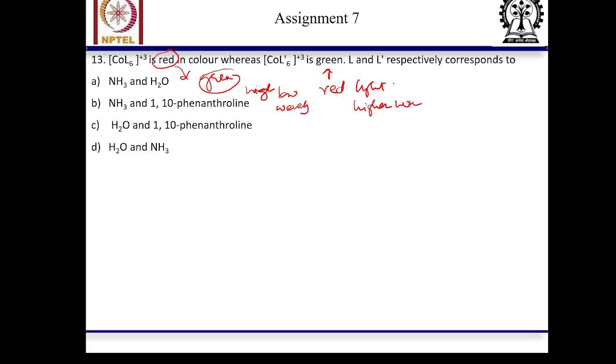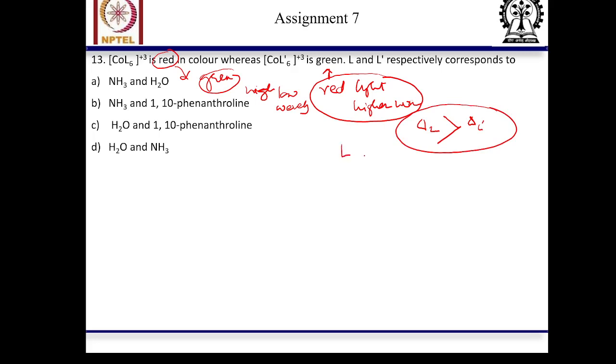What does it mean? It means delta L is greater than delta L', meaning that ligand L is stronger than L'.